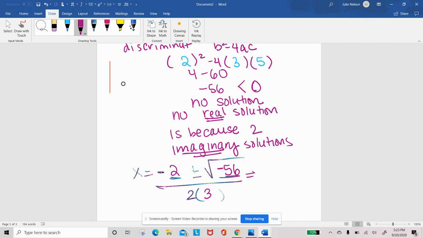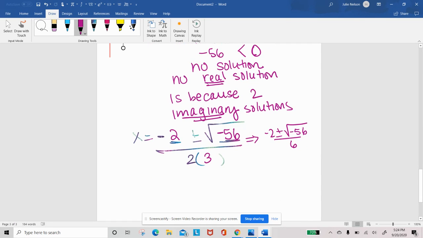When I clean this up, I get negative 2 plus or minus the square root of negative 56 all over 6. The square root of negative 56, and we discussed this the other day, is that anytime you have a square root with a negative, automatically your answer is going to have an imaginary solution.